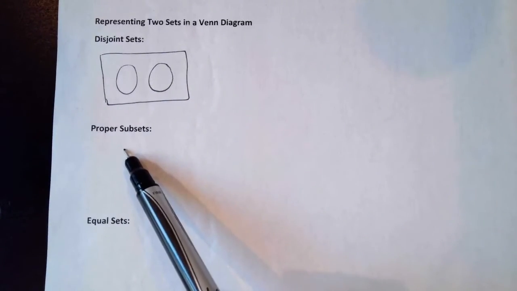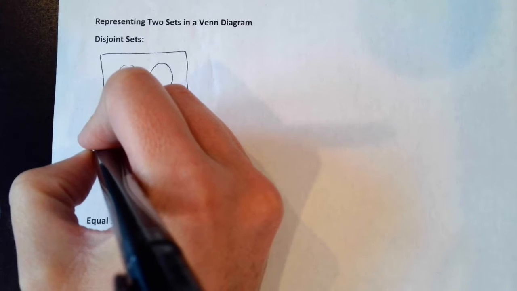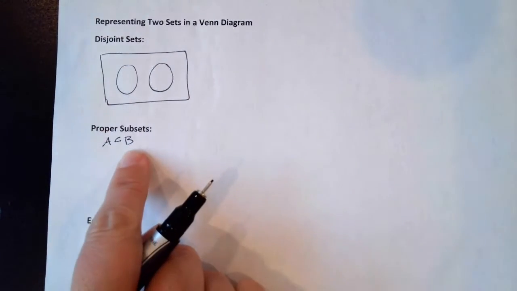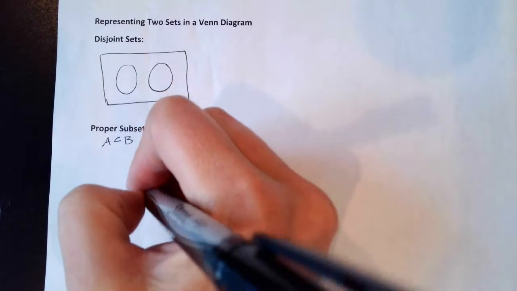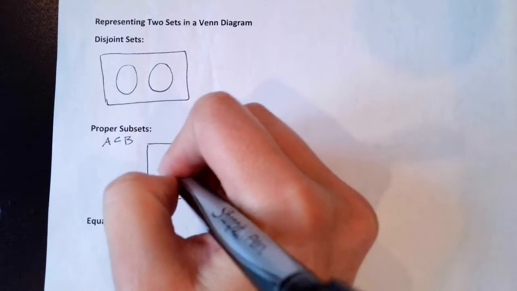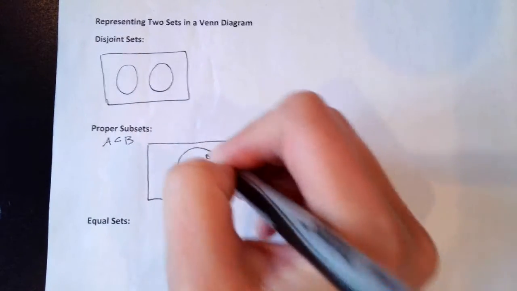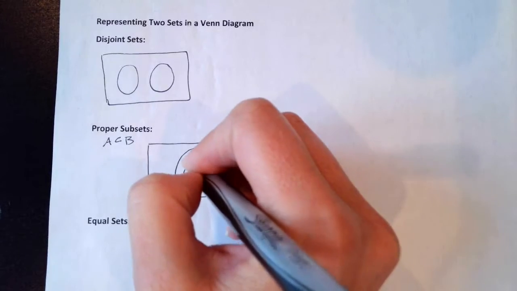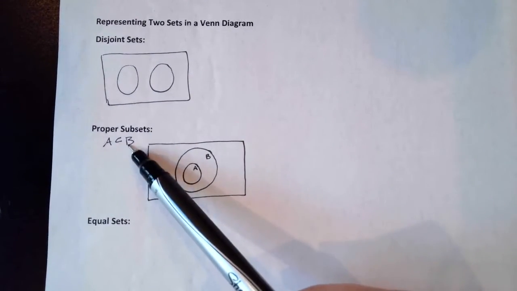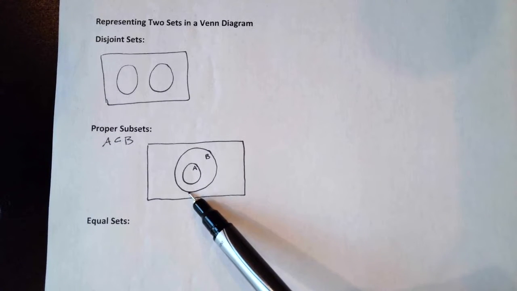Proper subsets. So remember from a video or two ago, if you have like A is a proper subset of B, that means that every single thing that's in A is in set B, and also there's less things in A than there are in B. So in a Venn diagram, the way that that's going to show up is you're going to have your rectangle, and you're going to have a big circle, and you're going to name this big circle B, and then you'll have a little circle inside, and that one is going to be A. So if A is a proper subset of B, it's going to look like this in your Venn diagram.